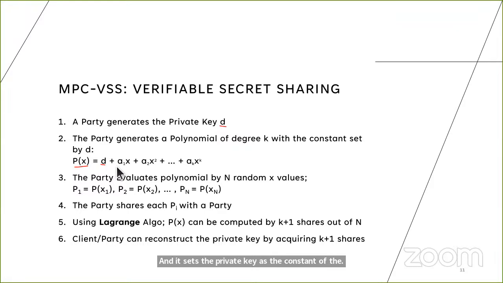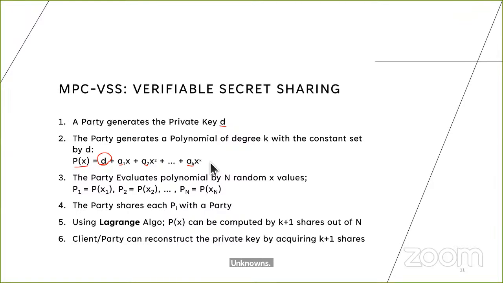So the polynomial of degree k is in the form of d plus a1x plus a2x^2 until plus akx^k. So we have k coefficients plus d as a constant value. So in total, we have k plus 1 unknowns.